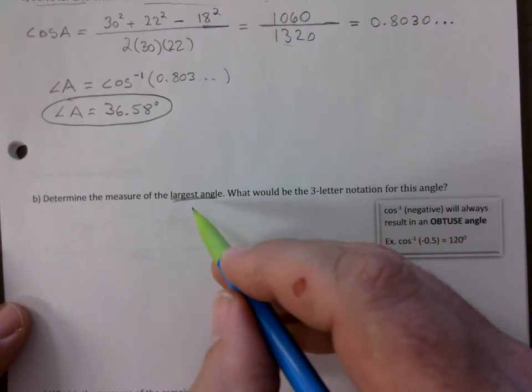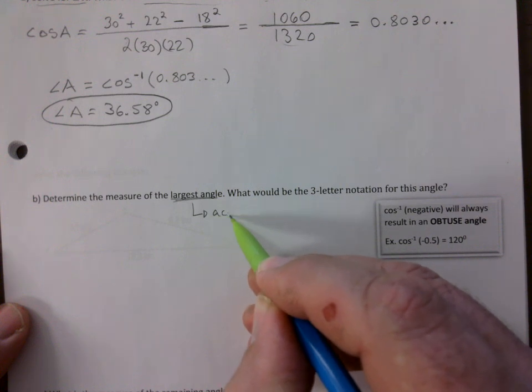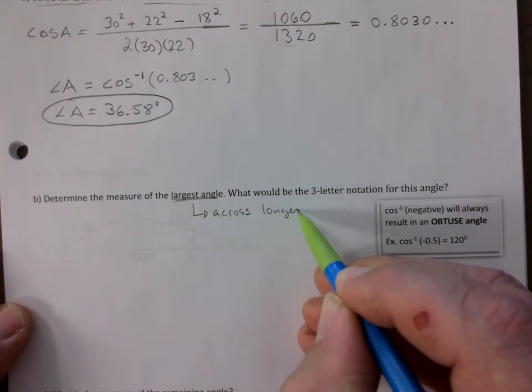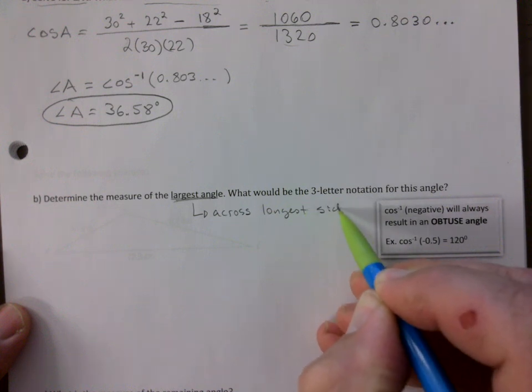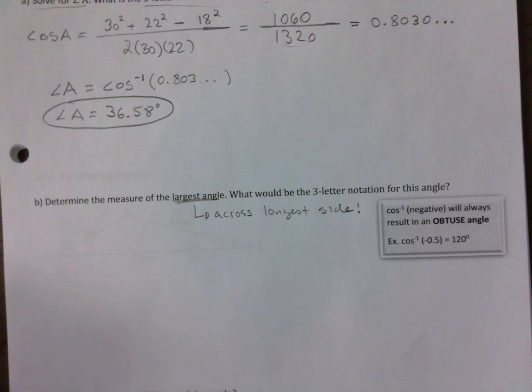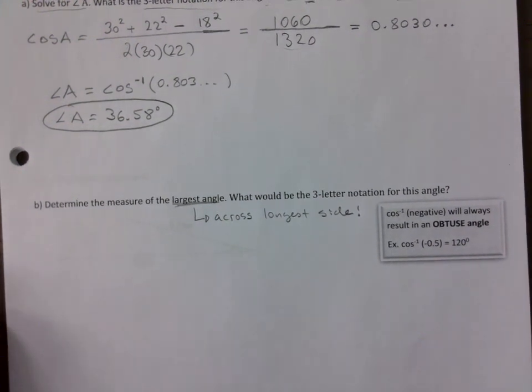Which one is the largest angle, you think? It's going to be across the longest side. That's how you know. Unless you know all angle measures, that would be even easier, but if you don't. So which is the longest side?